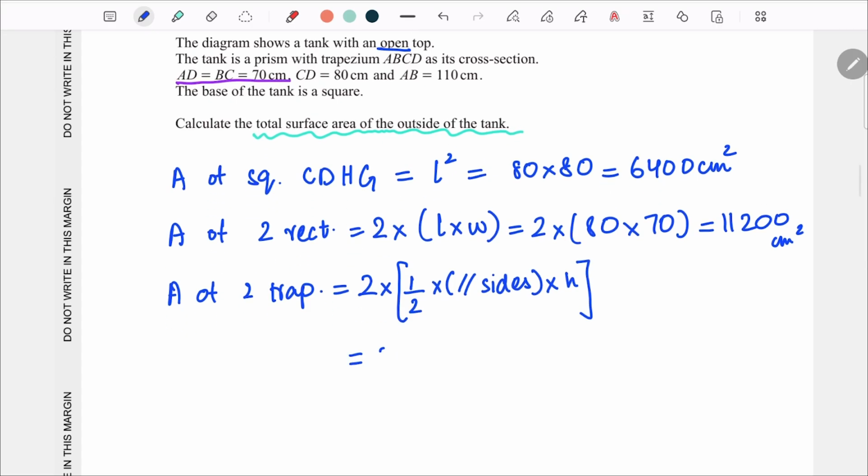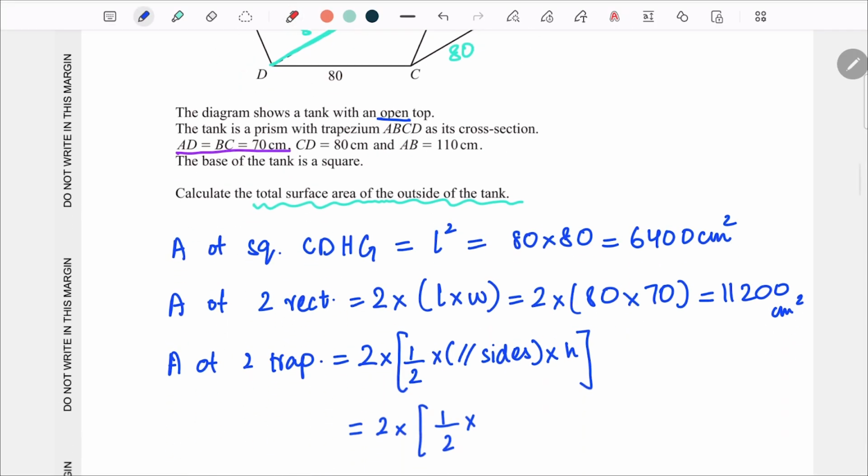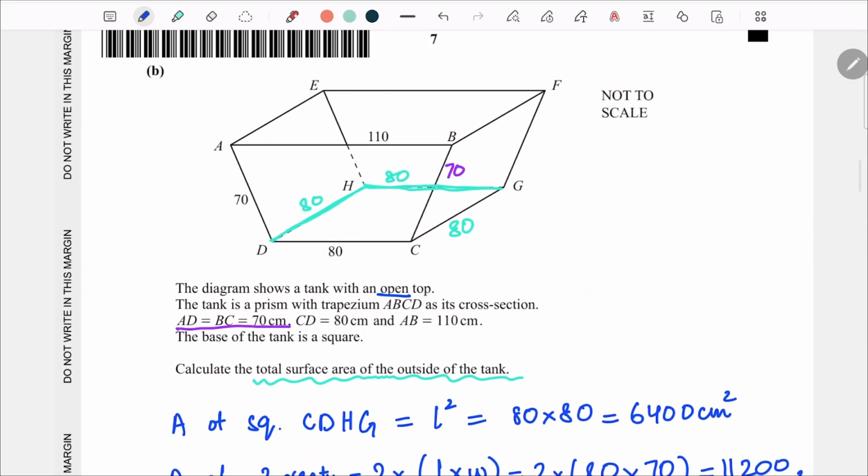So this is going to be 2 times half times the parallel sides, which are 80 and 110. So I'm going to write 80 plus 110, multiplied by the height. The height is basically this line right here.